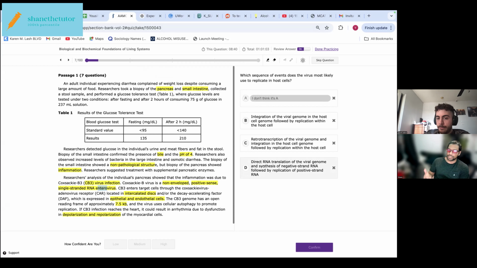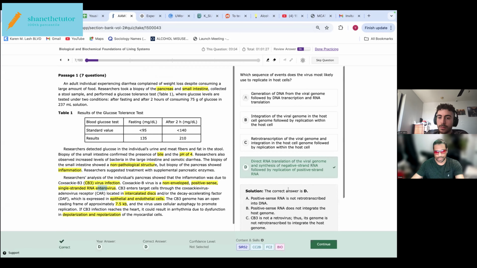But you can also make the negative sense RNA that can help make another version of the positive strand to get translated, continuously. But yes, positive sense, direct translation. That's why this will be that.